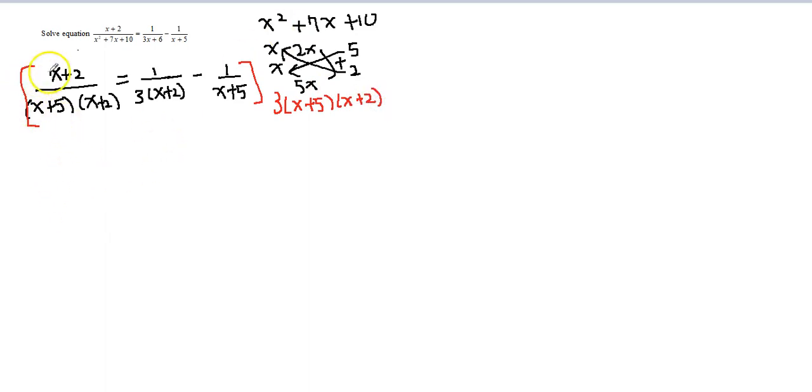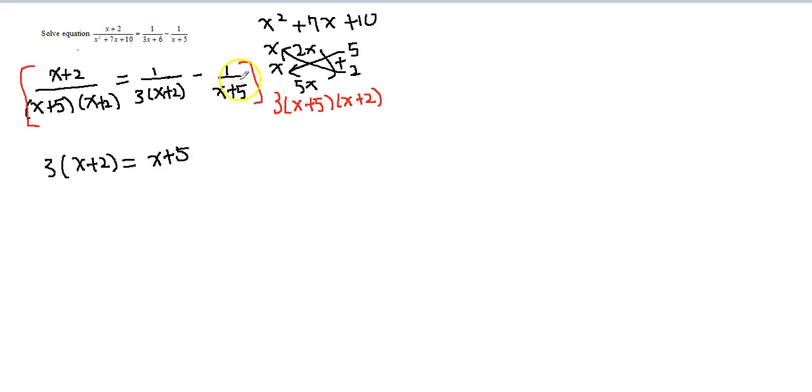Let's look at the first term. When you multiply x plus 2 over x plus 5 by this, x plus 5 cancels out, so it will give us 3 times x plus 2 on the top. The second term, x plus 2 cancels out and 3 cancels out, and gives us x plus 5.